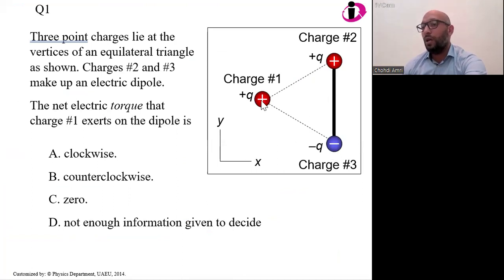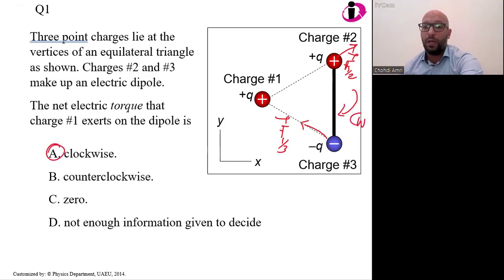The force between charge 1 and charge 3 is attractive because they have different signs. This is the force exerted by 1 on 3. The force exerted by 1 on 2 is repulsive, F1 on 2. Now, in which direction will this electric dipole rotate? It will rotate clockwise.